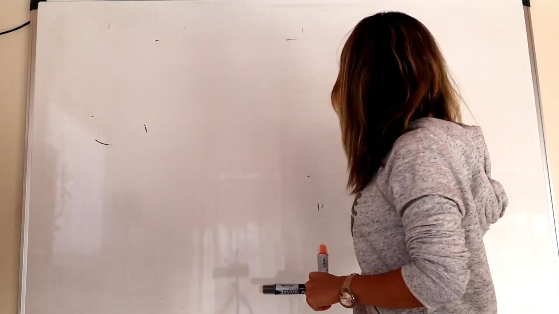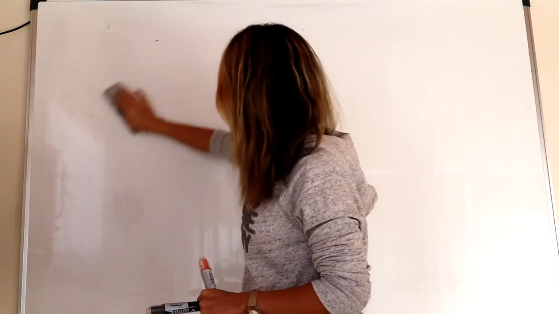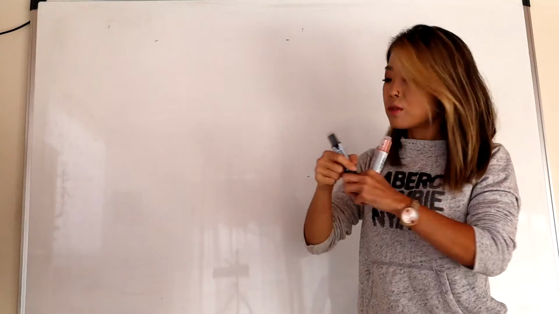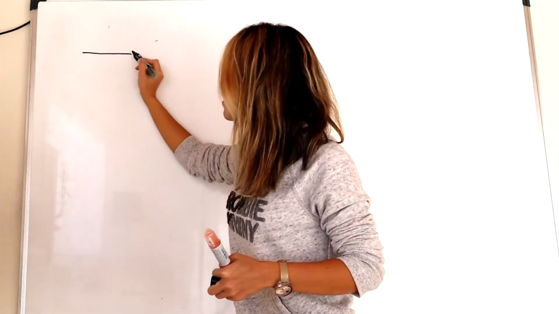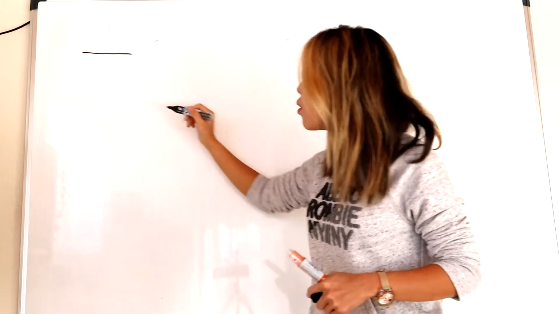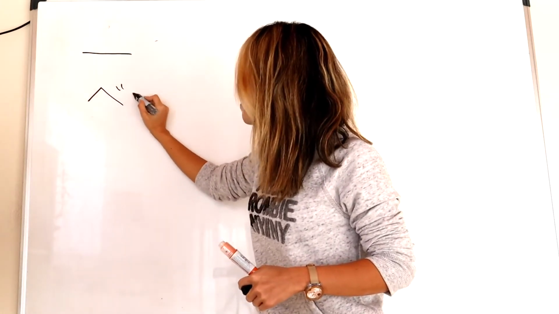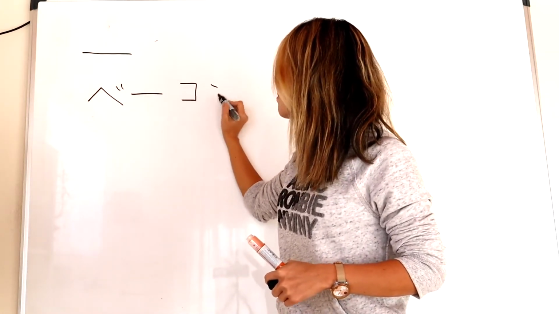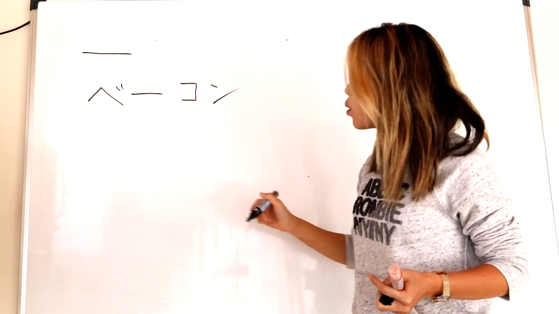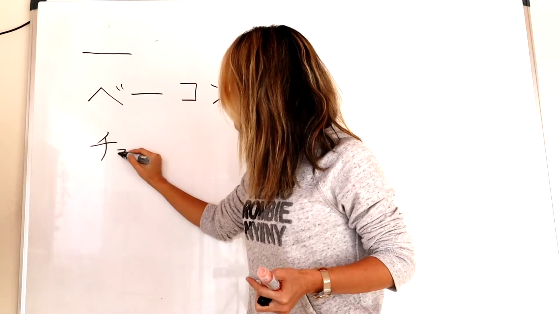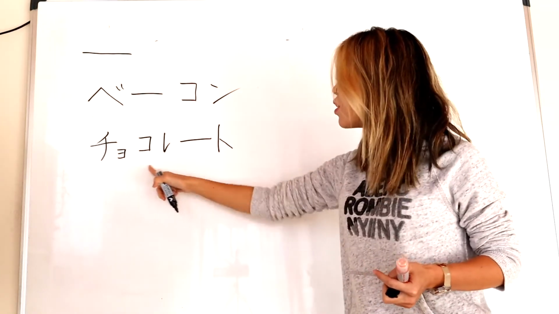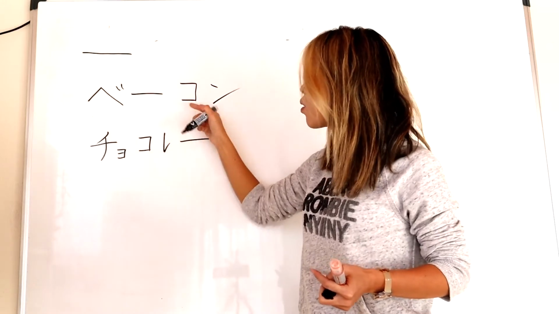We have some pronunciations which only katakana has. So the one thing is this bar. We say it's like a bow stick, which means dragging the vowel, for example, bacon, or chocolate.